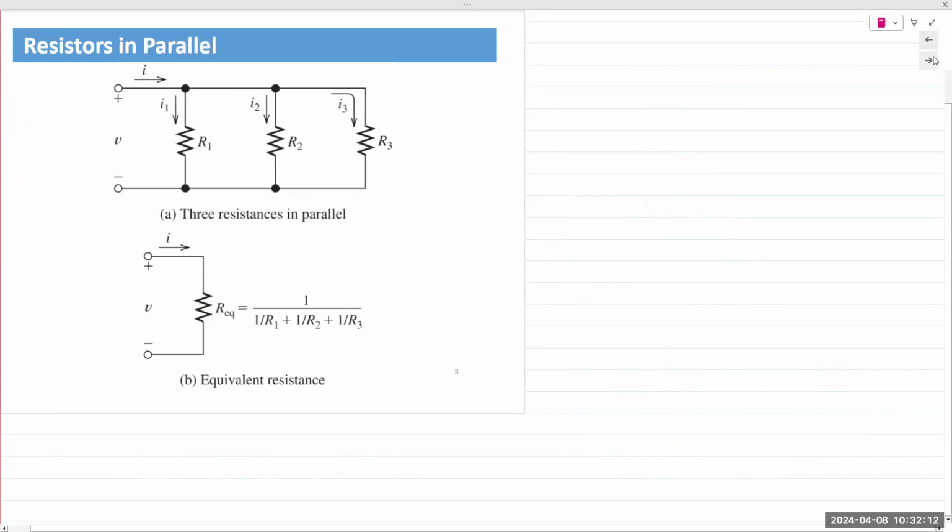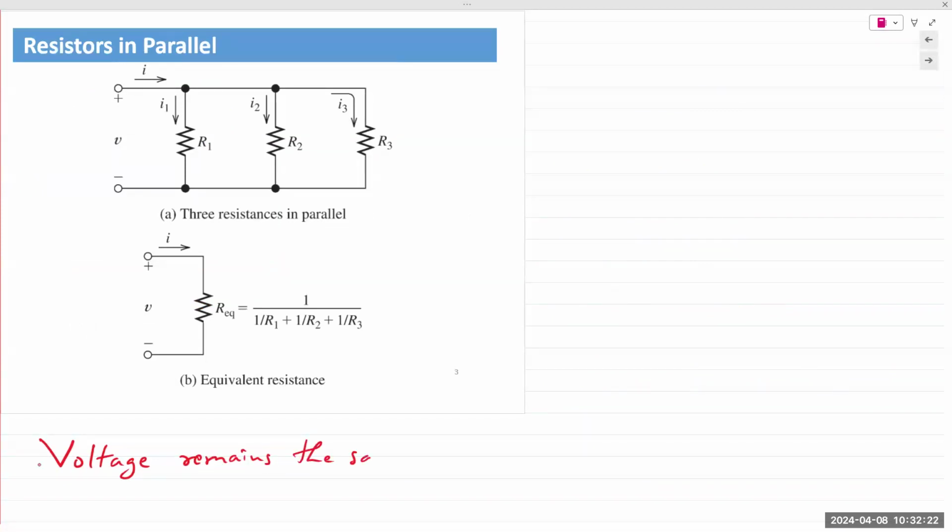And for a parallel connection, I can write voltage remains the same. And when I use the word remains, it doesn't mean that if the value of the resistors or the number of resistors changes, then the value will also change.